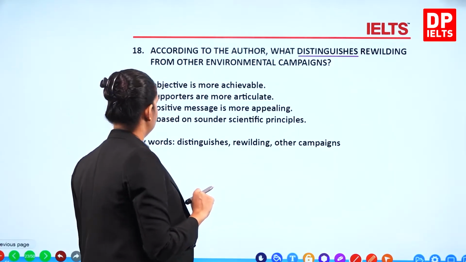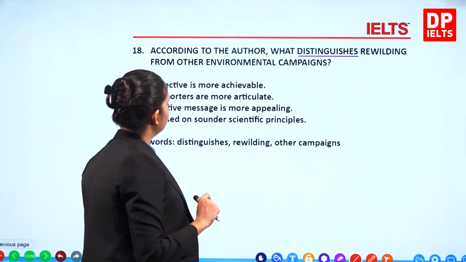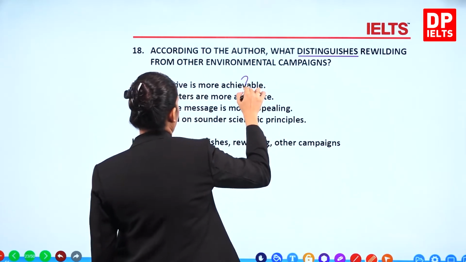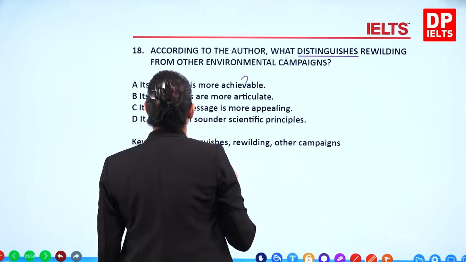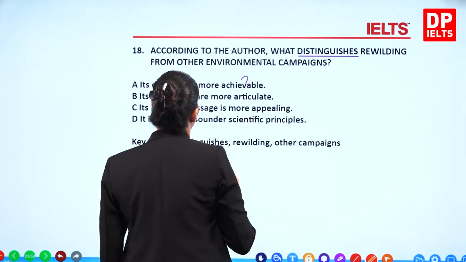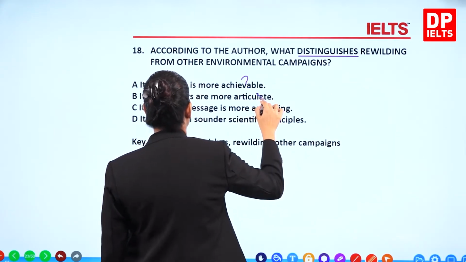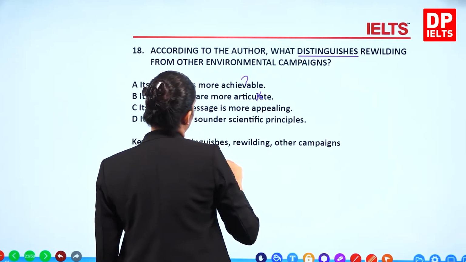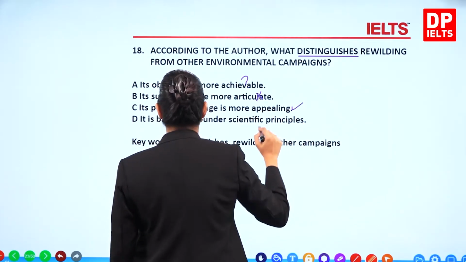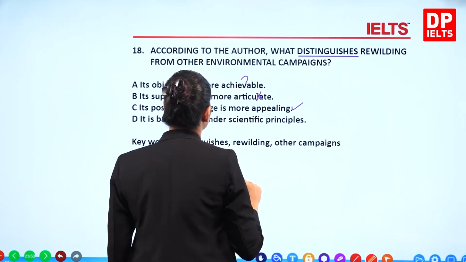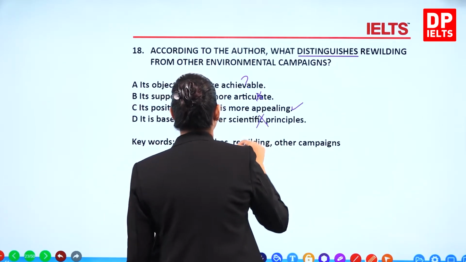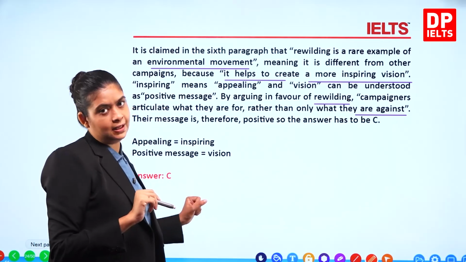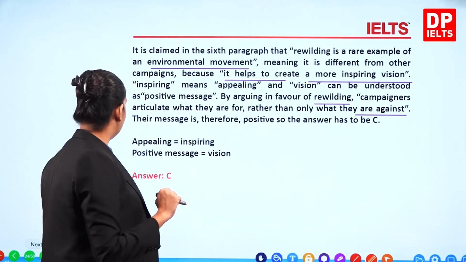Let's have a look at it. Its objective is more achievable. Not really, I think, a question there. Its supporters are more articulate. Not really. Its positive message is more appealing. Yes, could be. It is based on sounder scientific principles. Never spoke about that. The most appropriate answer could be C. Right?